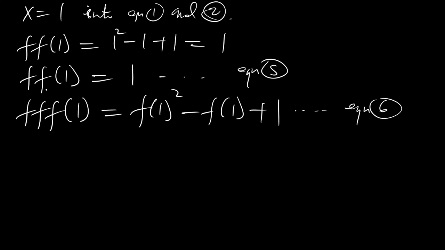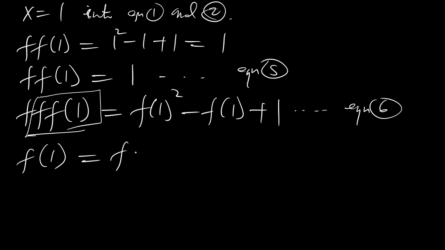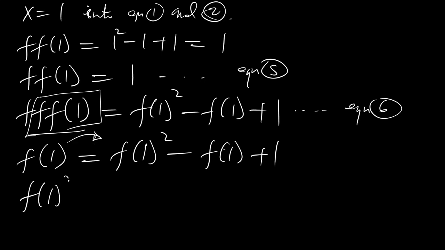So from equation 5, f of 1 is equal to 1. So substituting this as 1, you have f of 1 equal to f of 1 squared minus f of 1 plus 1.